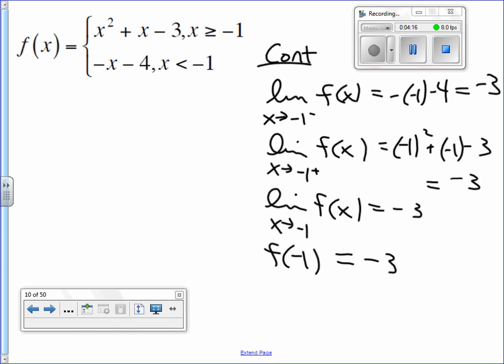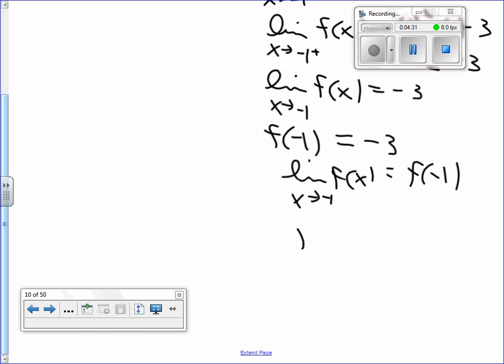The functional value is -3. They're equal, right? So what do we know about the function? So since the limit of f of x as x approaches -1 equals f of -1, what do we know about the function so far? It's continuous. F is continuous at x equals -1. So that's what it takes to show a function is continuous at a particular x value. The limit's got to exist, the function has to exist, and they have to be the same.